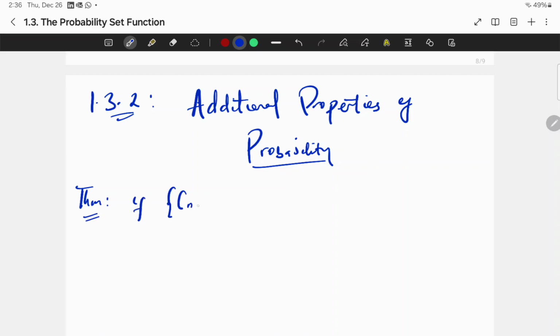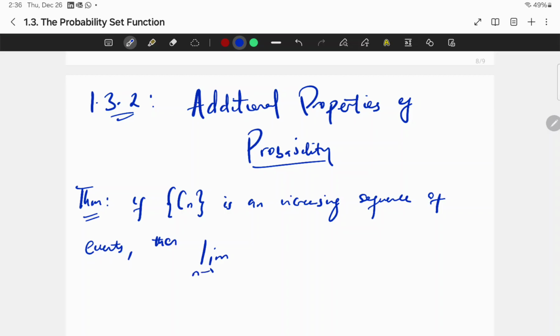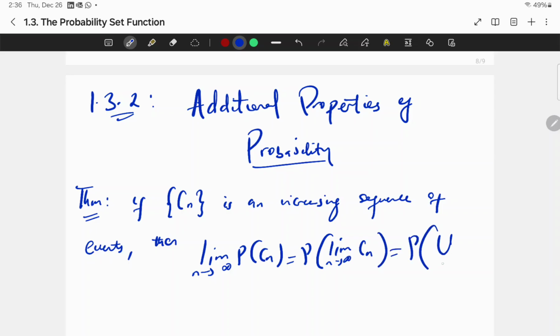If we have a sequence Cn of events and it's an increasing sequence, then this theorem says the limit as n tends to infinity of the probability of Cn is equal to the probability of the limit of Cn, which is equal to the probability of the countable union.